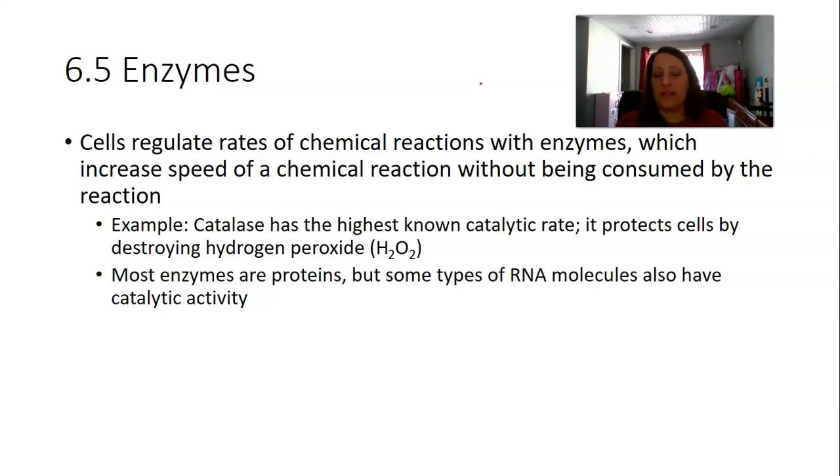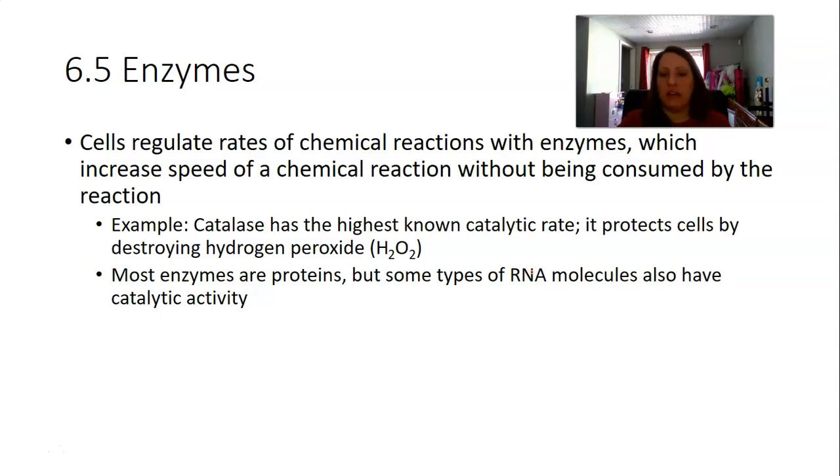It's found in the cells of the organism that we're going to use in the lab, yeast, or in our case, if we're doing this lab at home, the organism that we're going to actually use is the potato. Okay, so it's found in all organisms. And catalase has the highest known catalytic rate. Very, very nice to study, very easy to watch.